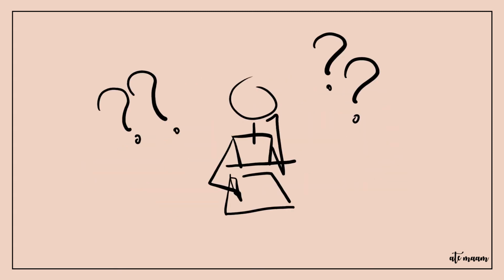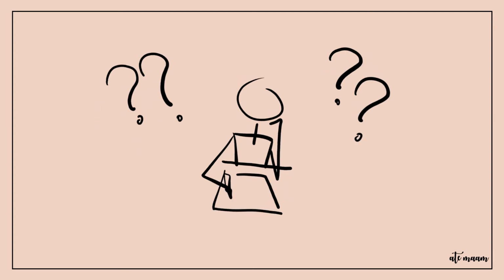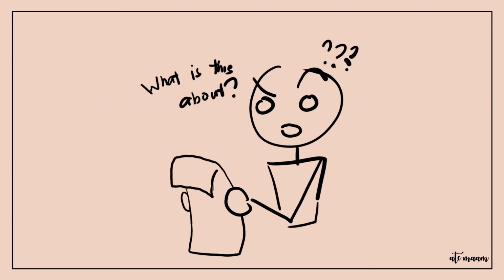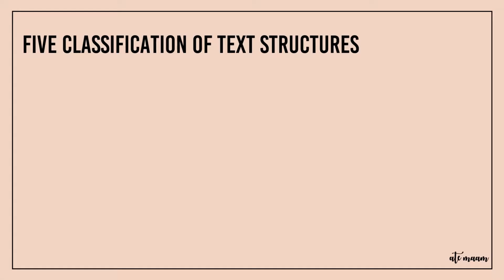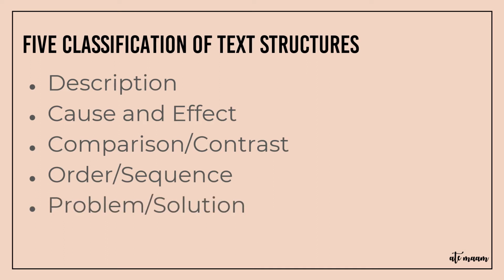Similarly, not being aware of the right way of structuring ideas when writing may produce several comprehension barriers on the part of the reader. We have 5 classifications of text structures: description, cause and effect, comparison or contrast, order or sequence, and problem solution. So let us discuss this one by one.